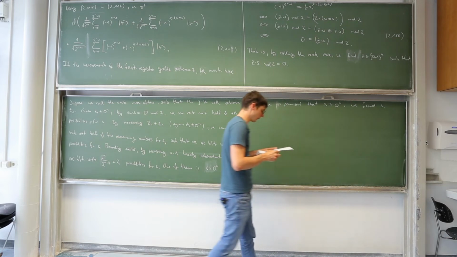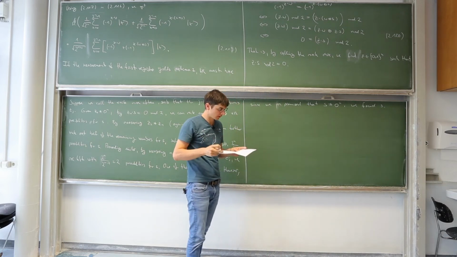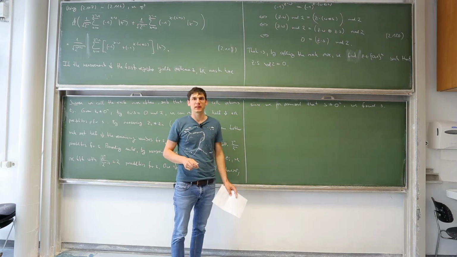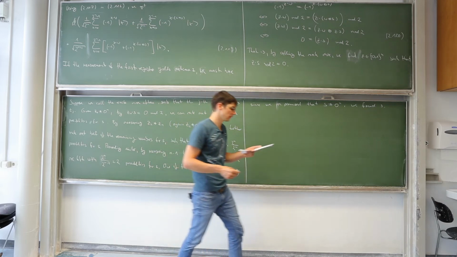Okay, but how often do we have to call this oracle now? It turns out that we can get a probability exponentially close to 1 if we call the oracle O(n) times.